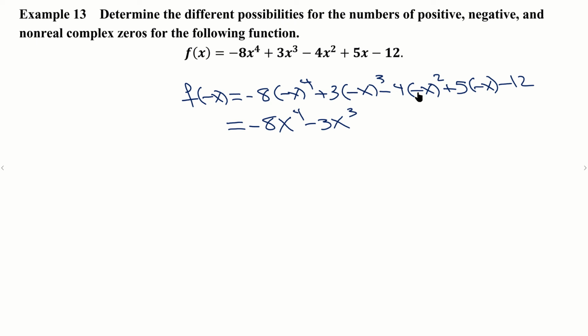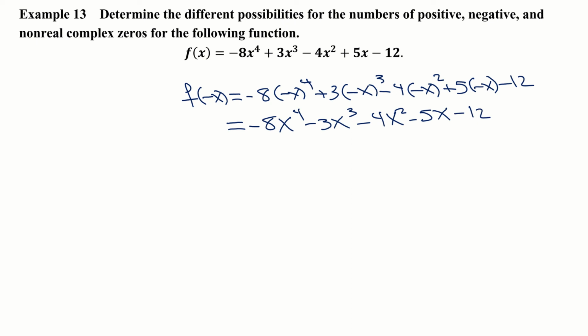This negative x, once we square it, we get x squared, times negative 4 will give us minus 4x squared. And 5 times negative x will be minus 5x and minus 12, okay?